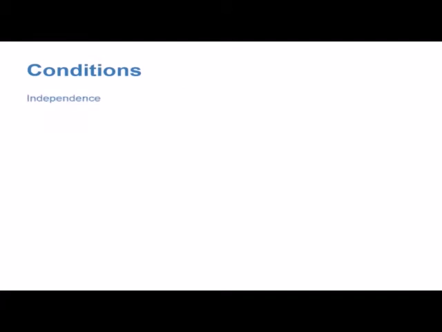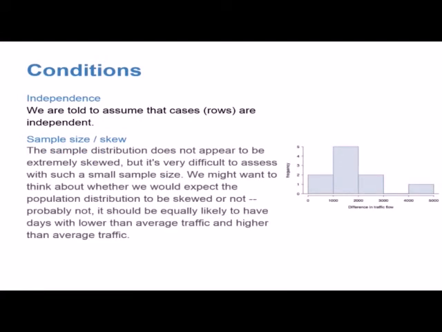So the conditions that we should check in order to do any kind of testing are independence, and we're told to assume that cases or rows are independent. We need to check our sample size and skew. So the sample distribution, which is shown to the right, does not appear to be extremely skewed, but it's very difficult to assess with such a small sample size.